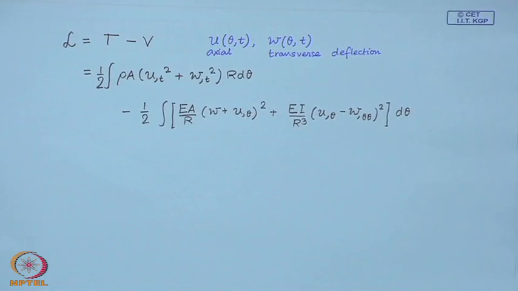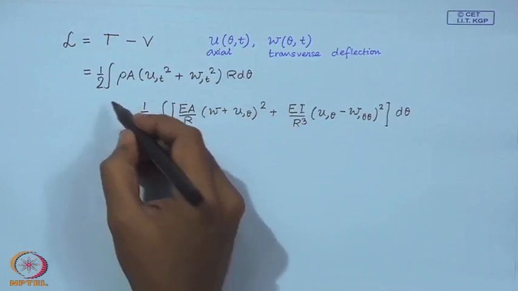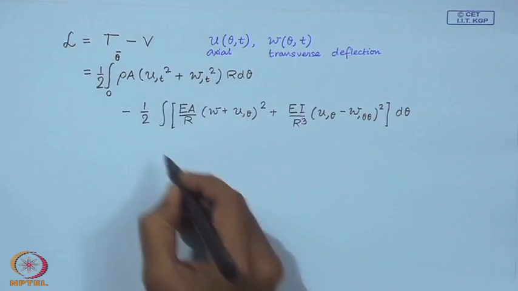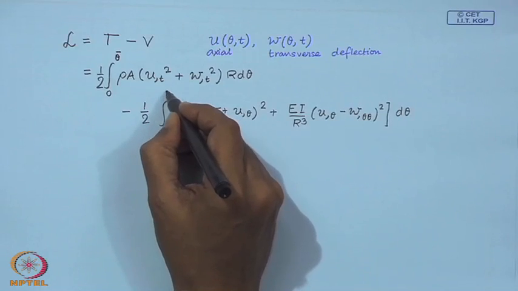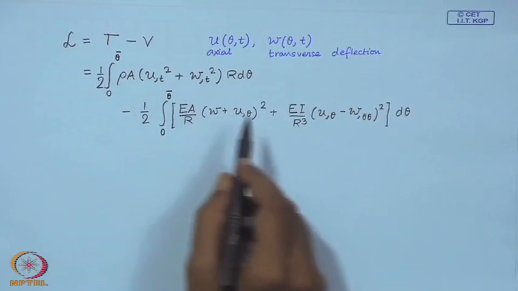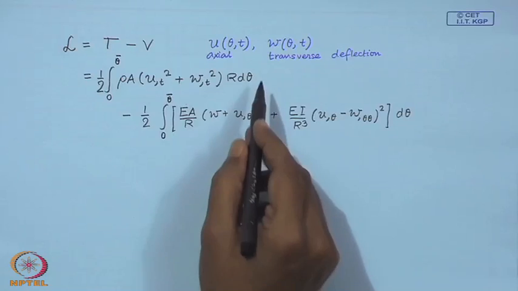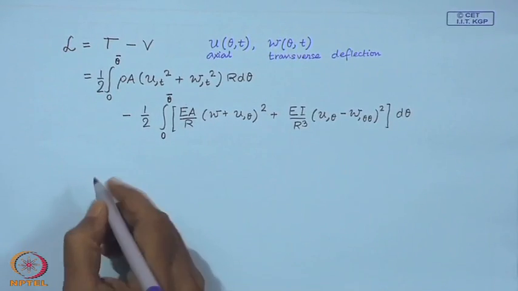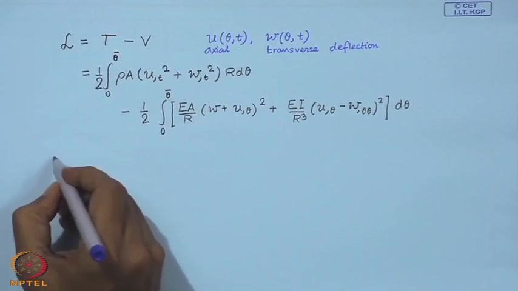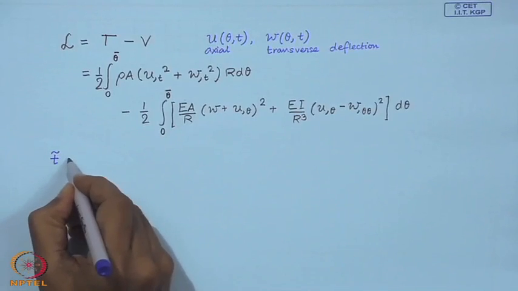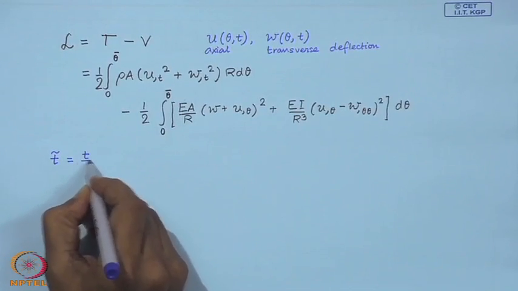So here the angle varies from say 0 to whatever angle you have, so the angular extent of the beam. Now, in the previous lecture we also made a simplification based on certain redefinitions. So, let us consider some non-dimensionalization.